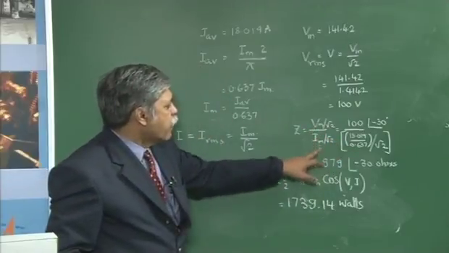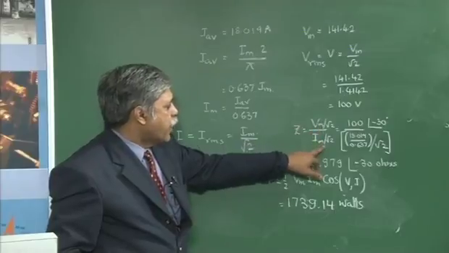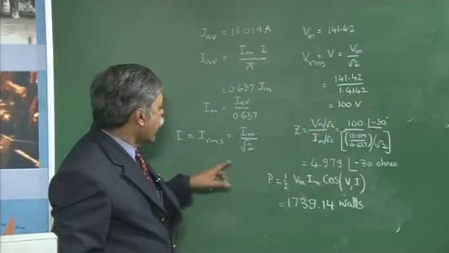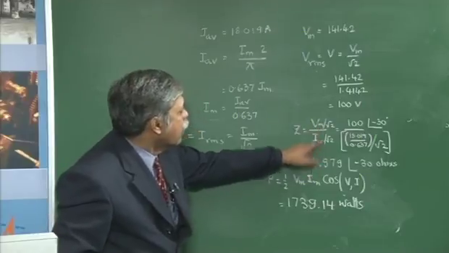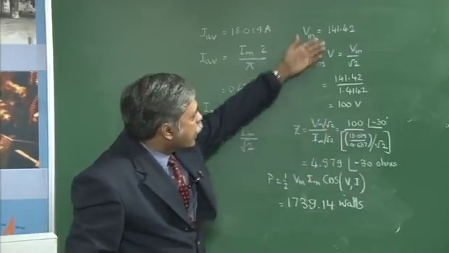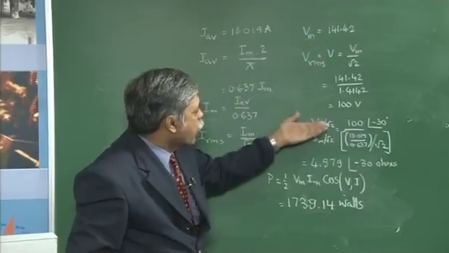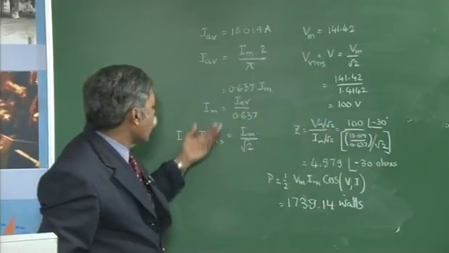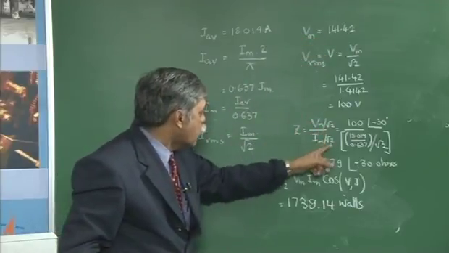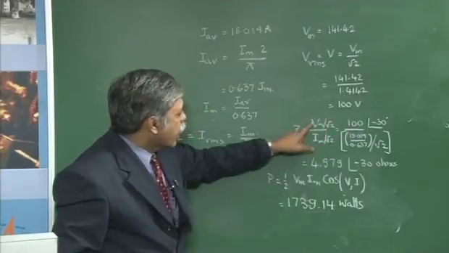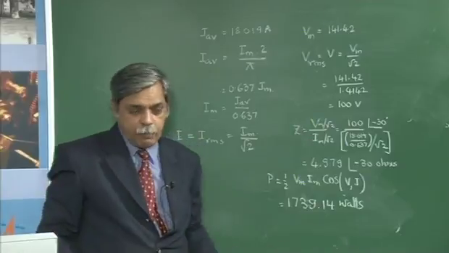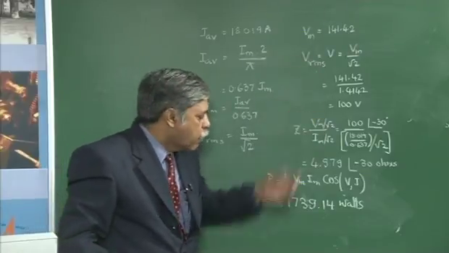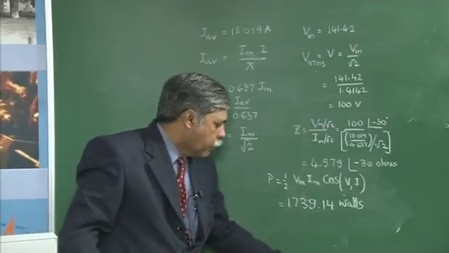So there won't be any difference, the numerator is Vrms, the denominator is Irms. So why should I again calculate the RMS value when I can write down the expression like this? Therefore I can directly substitute the peak value of the voltage here and the peak value of the current here with this root 2 in the denominator. Whether you take the ratio as RMS values or the peak values, it is one and the same, okay. So you can reduce the number of steps in doing this problem, okay.